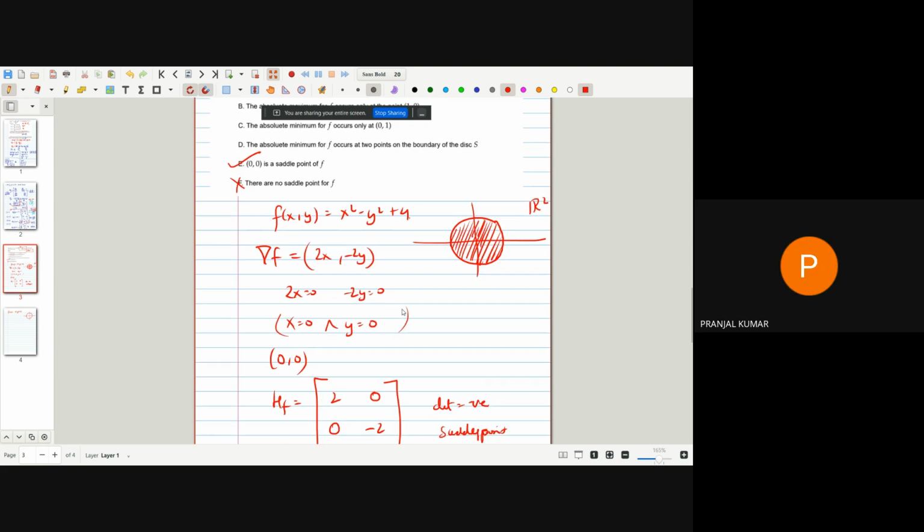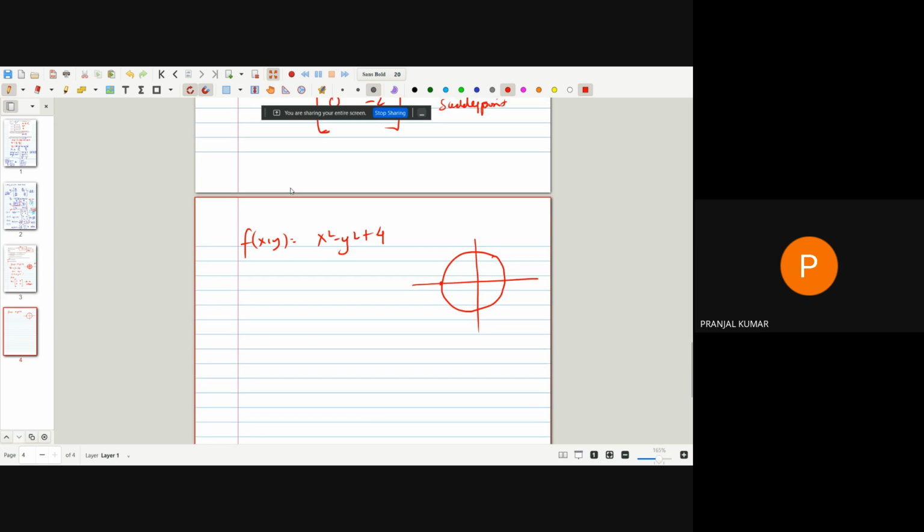Okay, so let's do one thing. Let's take (1, 0), (-1, 0), (0, 1) and (0, -1), and let's find the values of the function. f(1, 0) would be 5, f(0, 1) would be 3.